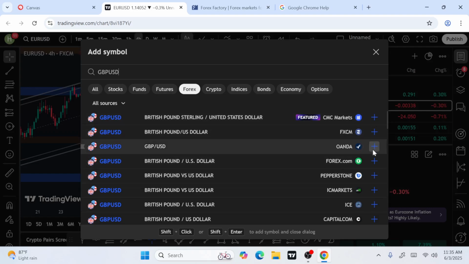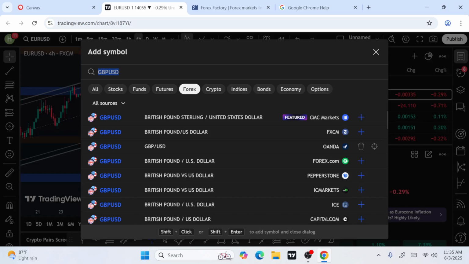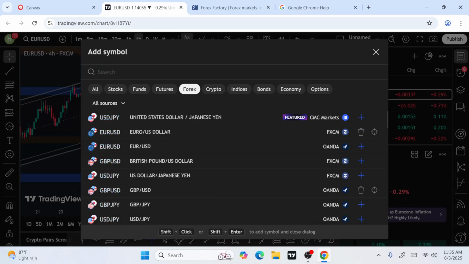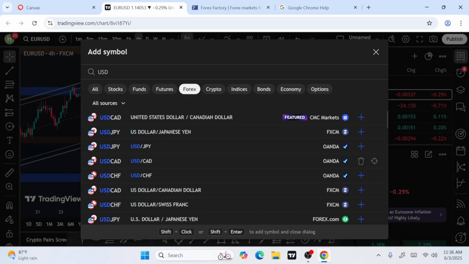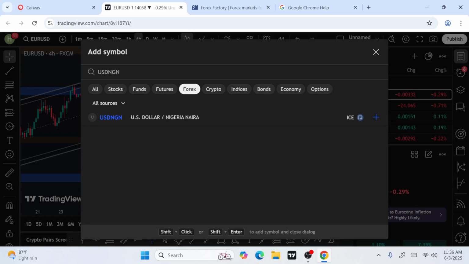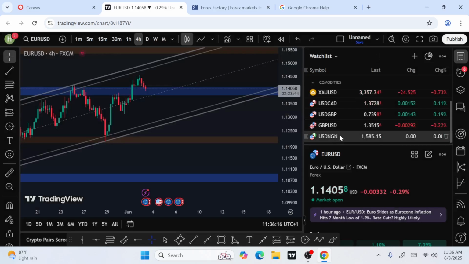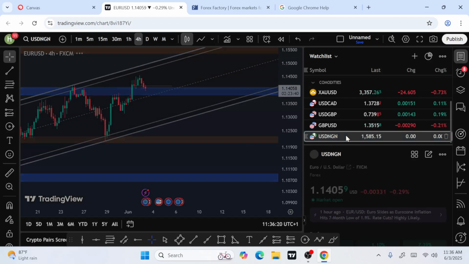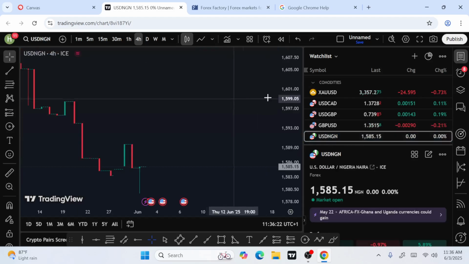Now Nigeria, there's USD NGN. Yes. Now you see the logo, US.